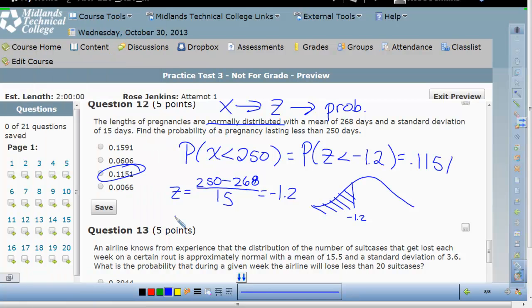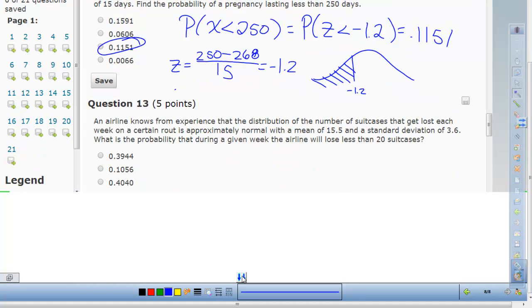Alrighty. An airline knows from experience that the distribution of the number of suitcases that get lost each week on a certain route is approximately normal with a mean of 15.5 and a standard deviation of 3.6. What is the probability that during a given week the airline will lose less than 20 suitcases?